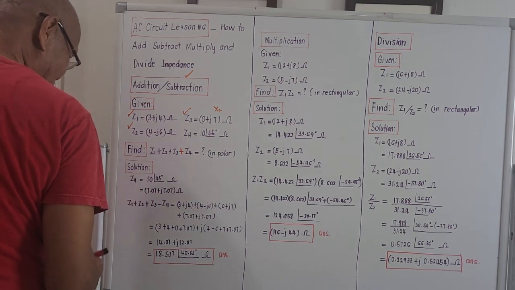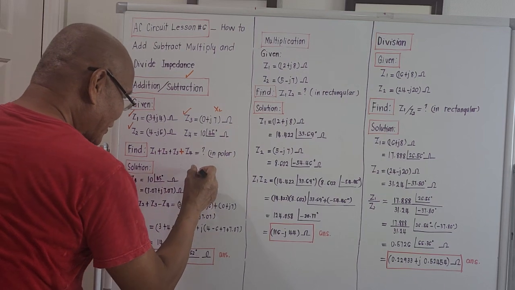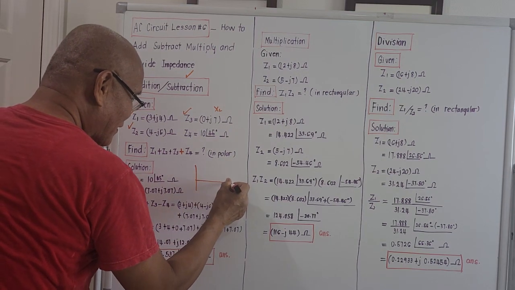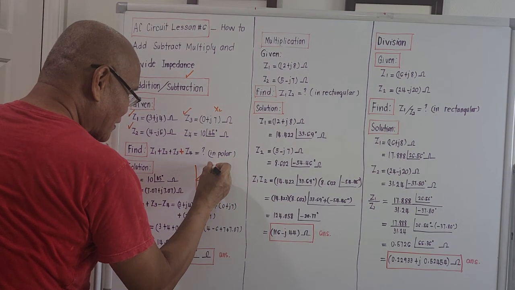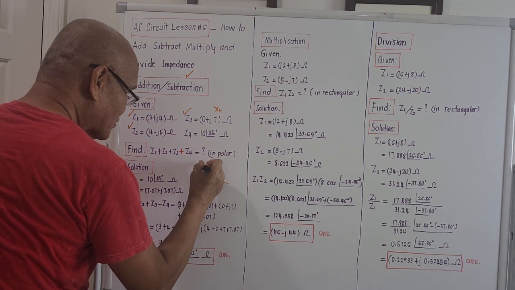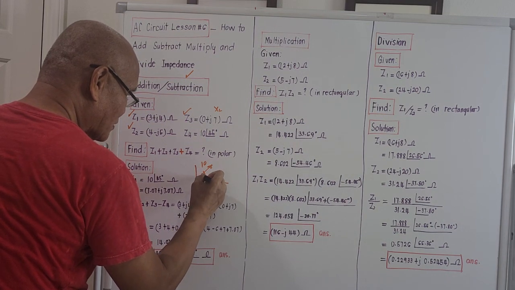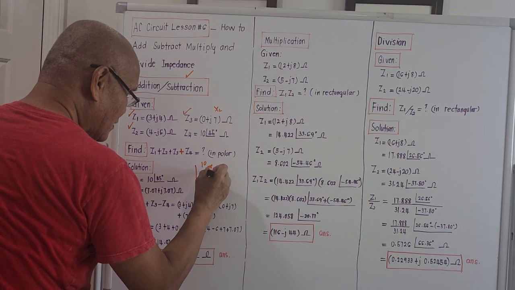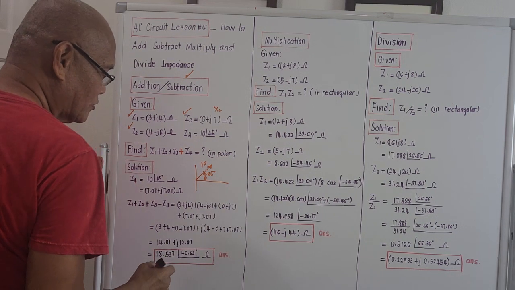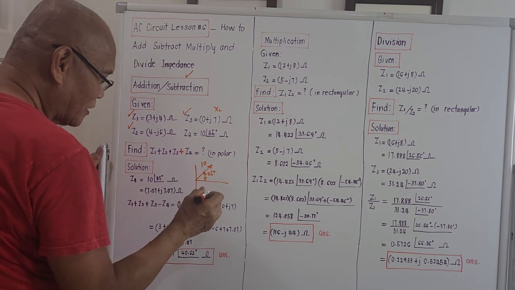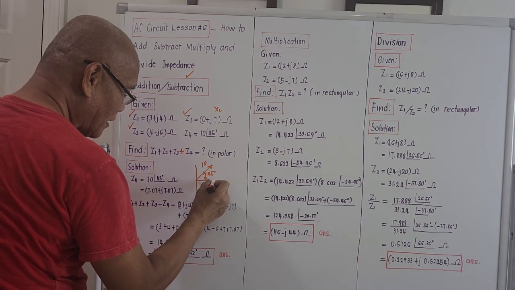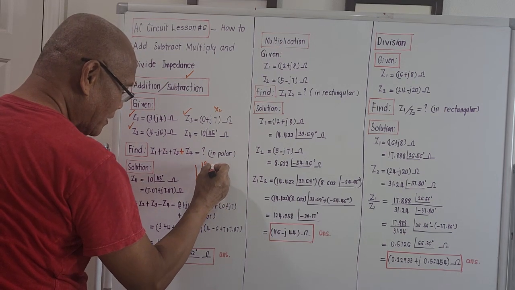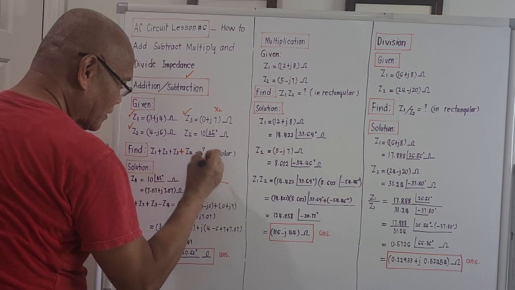Just draw your vector diagram. 45 degrees, this is 10, and this is 45 degrees. To bring out the rectangular form, there should be a horizontal component here and a vertical component over here.